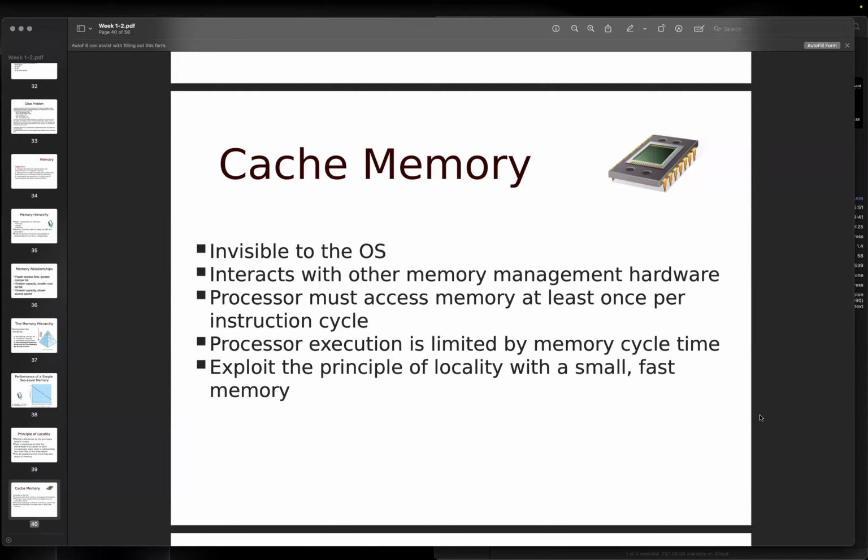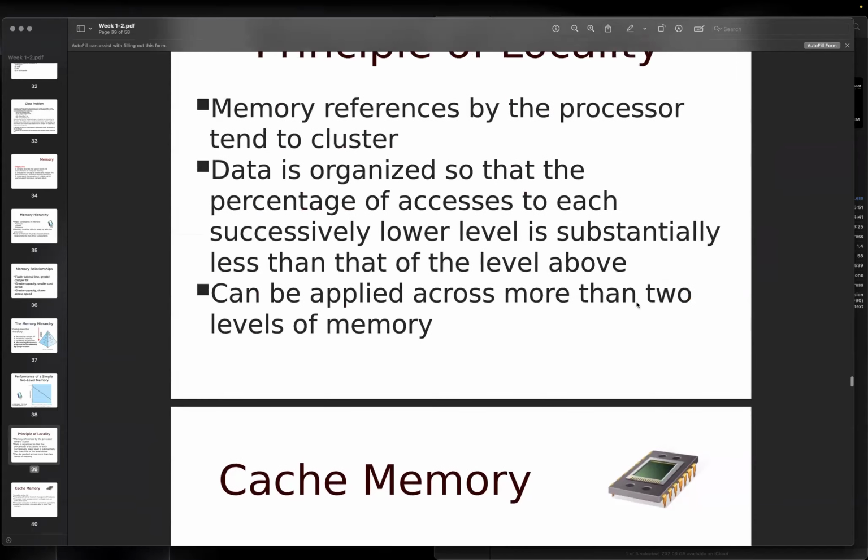The processor's execution is limited by the memory cycle time, and it exposes the principle of locality with a small and fast memory. Just remember this one.